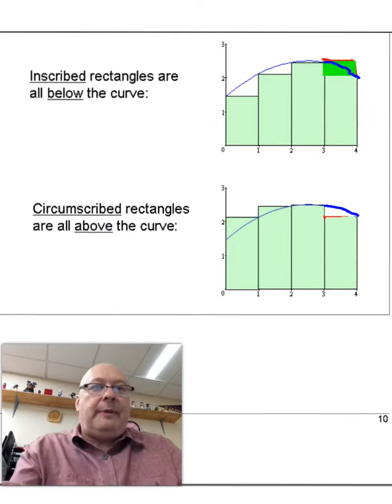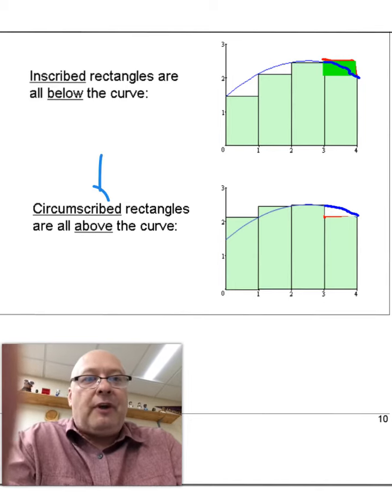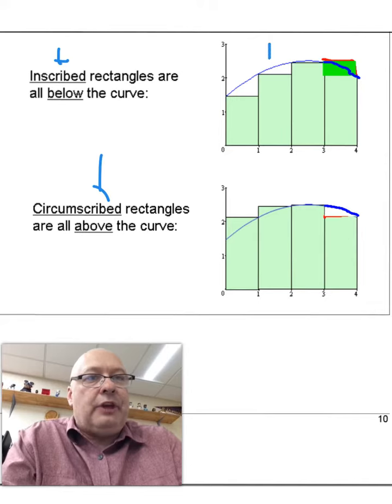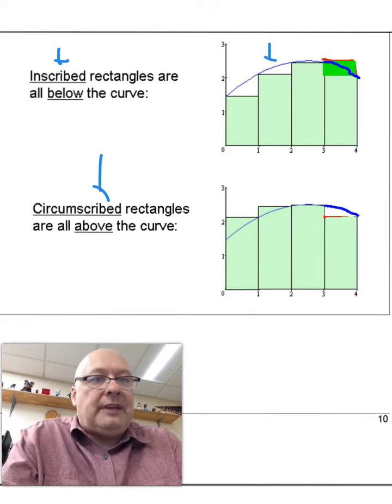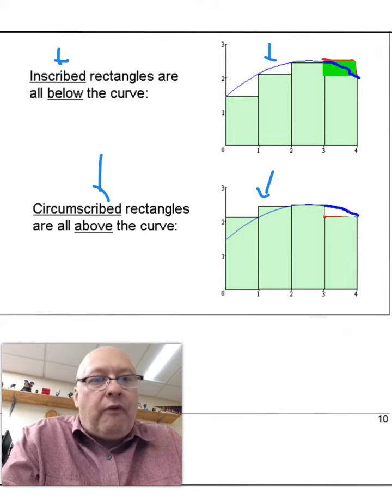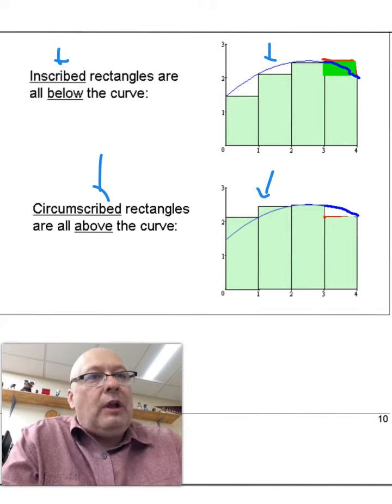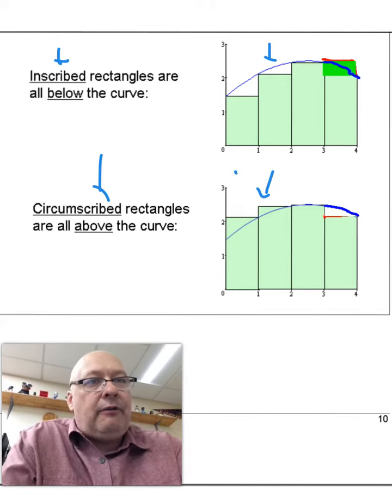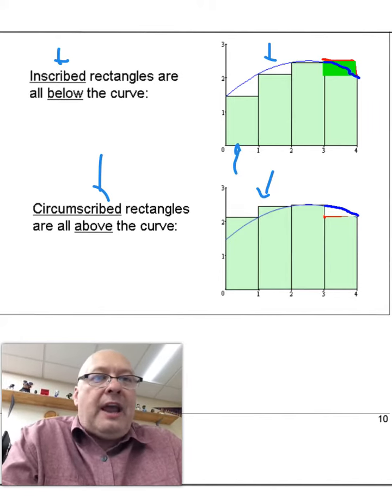Now, a couple quick little comments. Inscribed and circumscribed rectangles. There's just some vocabulary here. Sometimes the rectangles, if you look here, are underneath, and sometimes the rectangles, if you look here, are above. I wonder how you figure out if you're over or you're under. Well, let's see. Is this an LRAM or an MRAM or an RRAM?